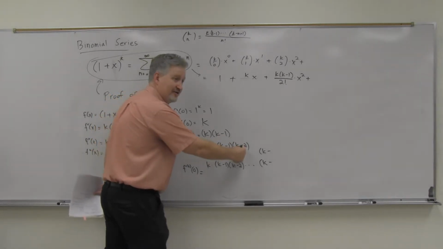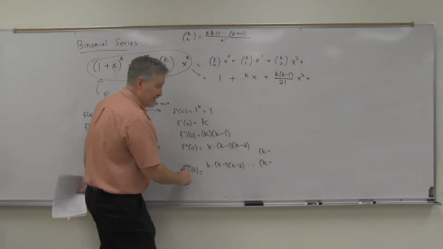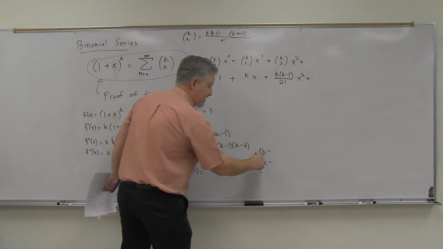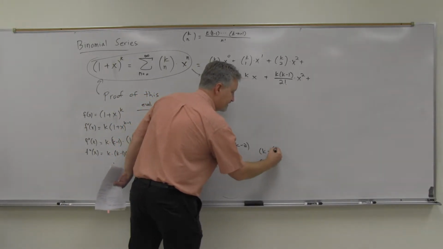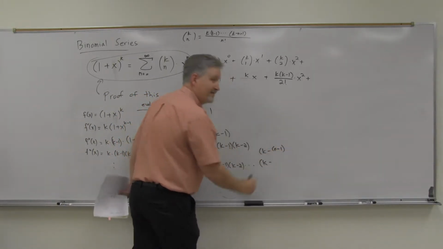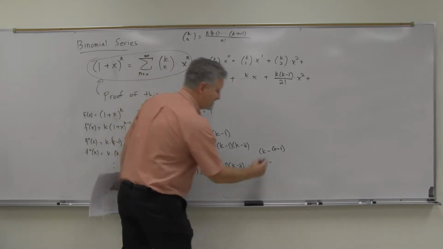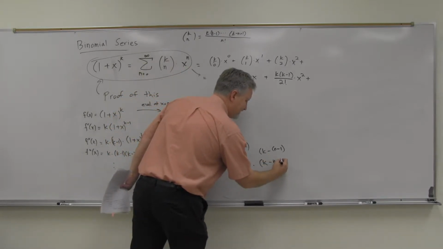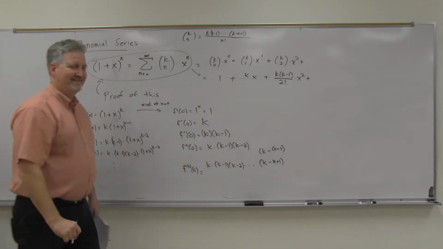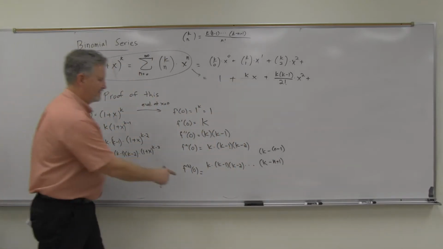And it's k minus 2. So if I'm doing the nth one, then I need to say it's k minus n minus 1, right? See what I'm saying there? Which is k minus n plus 1. That's what the nth derivative is here.